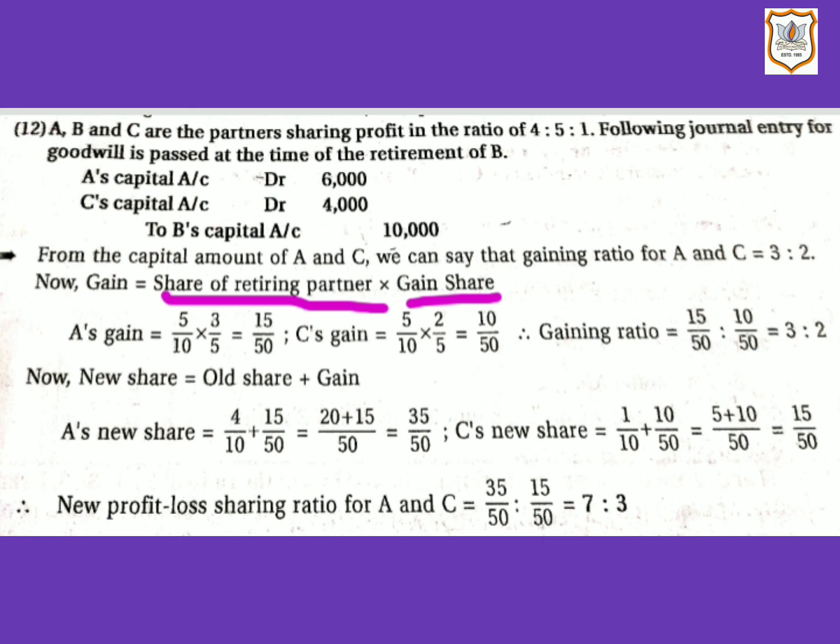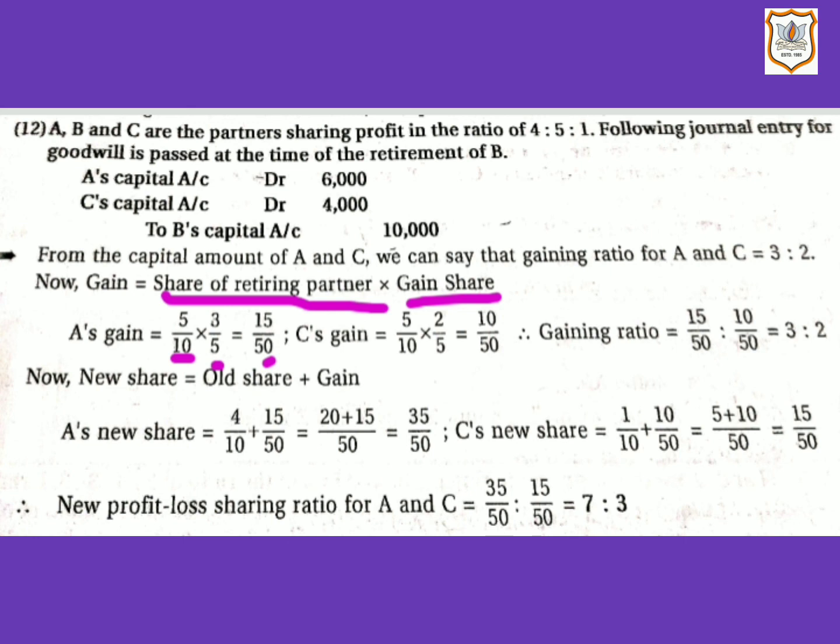So let's obtain A's gain, where A's gain is equal to 5/10, that is the share of the retiring partner, multiplied by 3/5, that is A's gain share. If we multiply it, we will get 15/50 as A's gain.